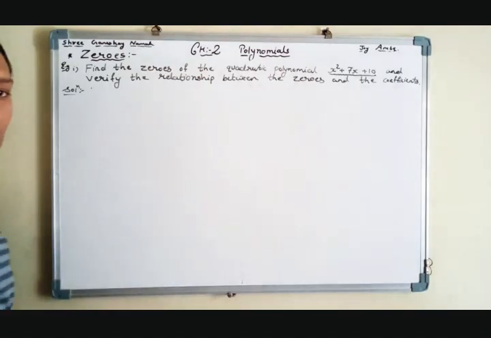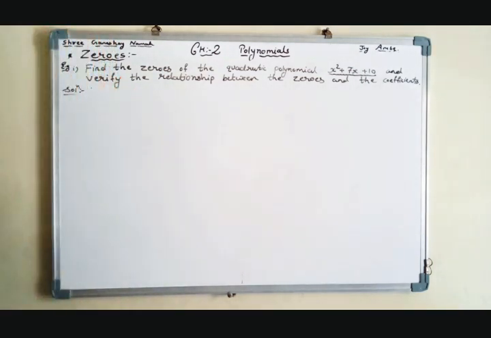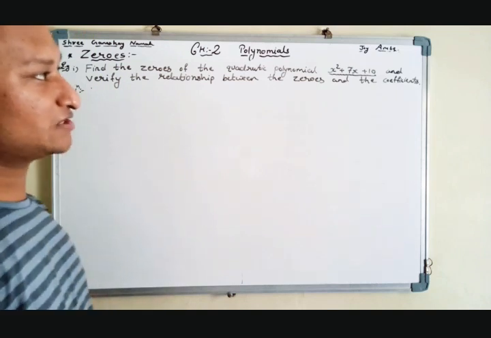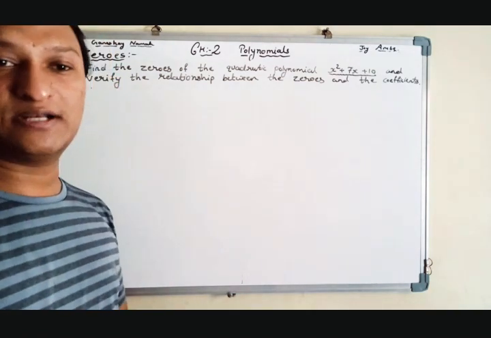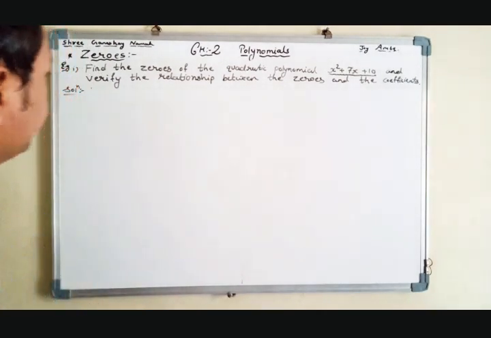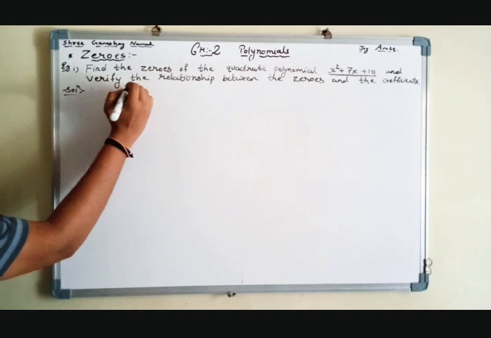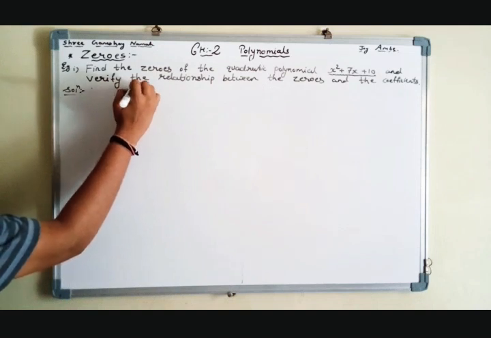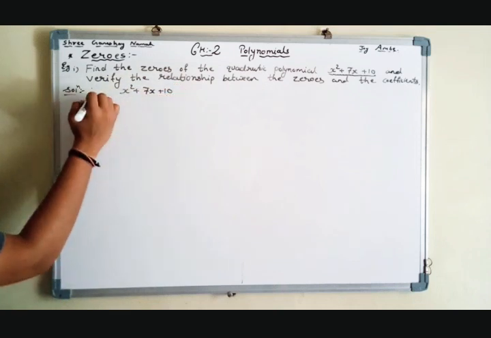Okay, first of all, we will see an example of what we have studied previously. Find the zeros of the quadratic polynomial x square plus 7x plus 10 and verify the relationship between the zeros and the coefficients. Okay, so first of all we will write the expression x square plus 7x plus 10.